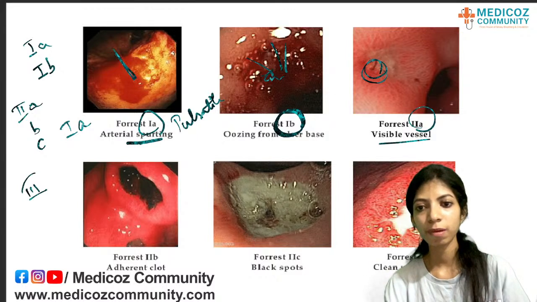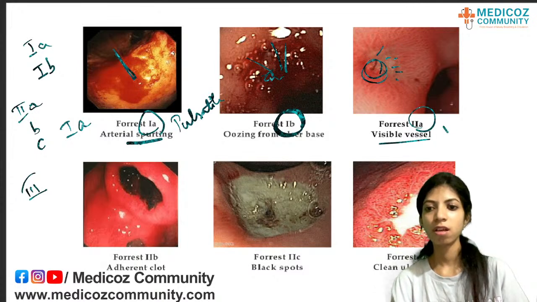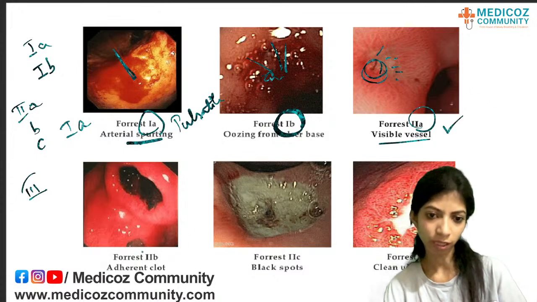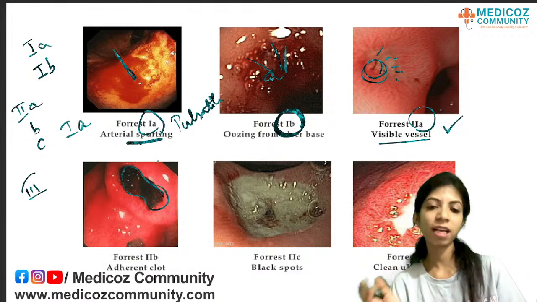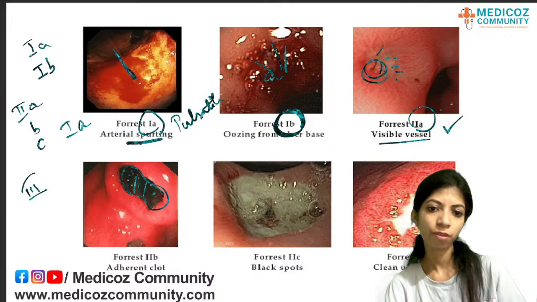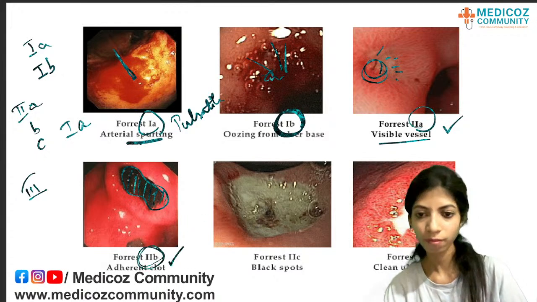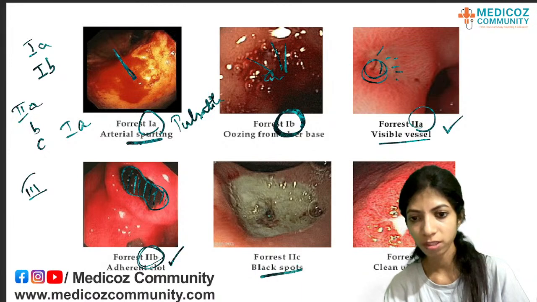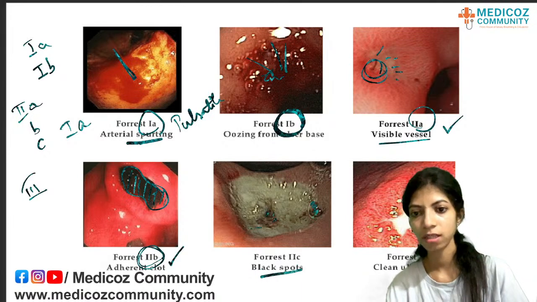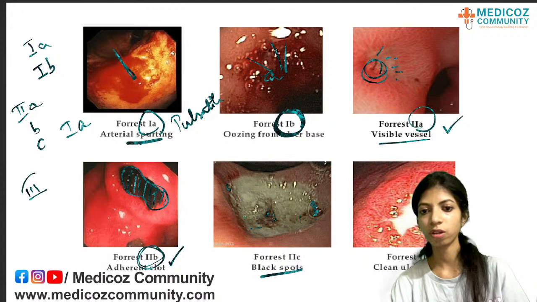And if a blood vessel is present but there's no oozing or gush, then it is 2A. What's your 2B then? 2B is the adherent clot. Bleeding has occurred, but a clot has formed. So it's your 2B. And 2C is the black spots. Black spots can be seen, but there's no clot or bleeding. That is your 2C.